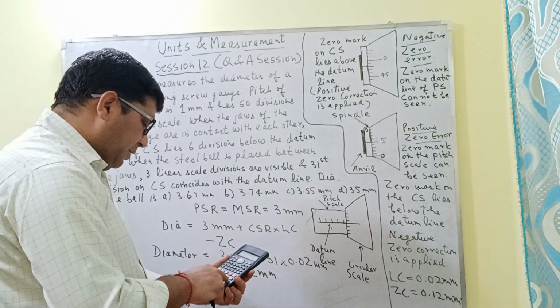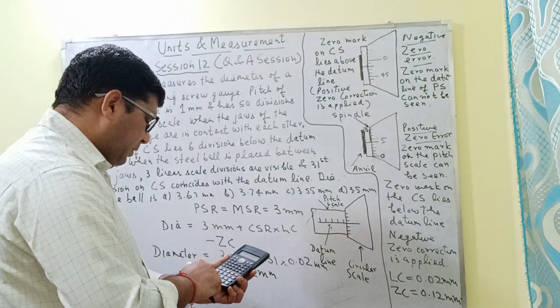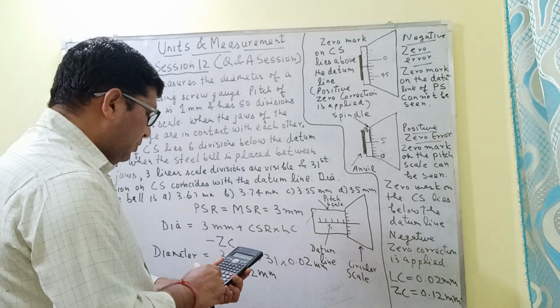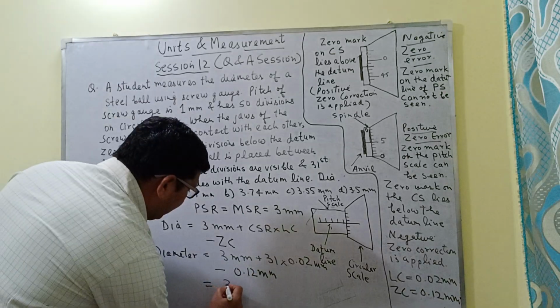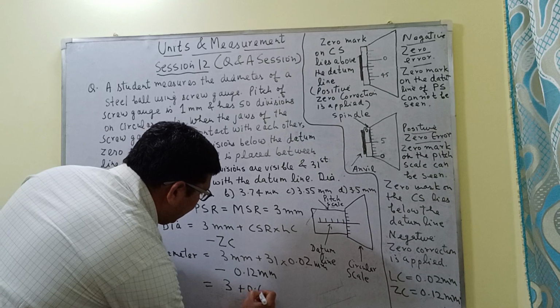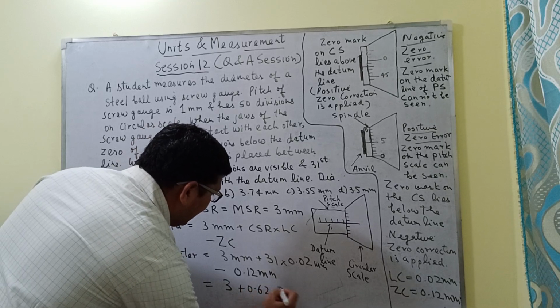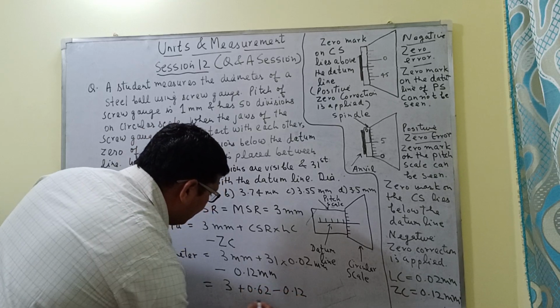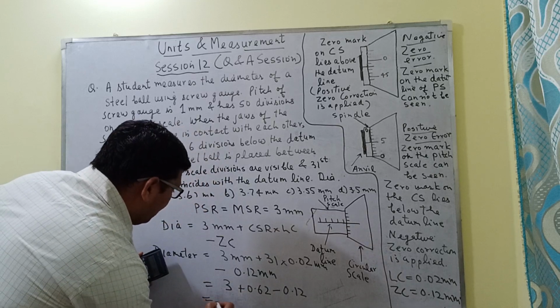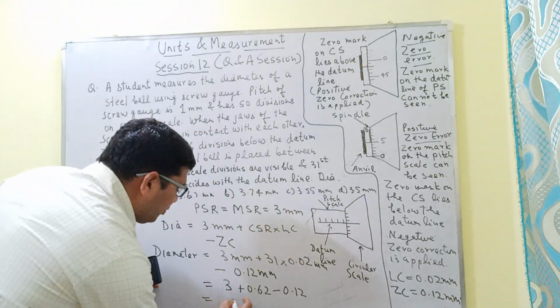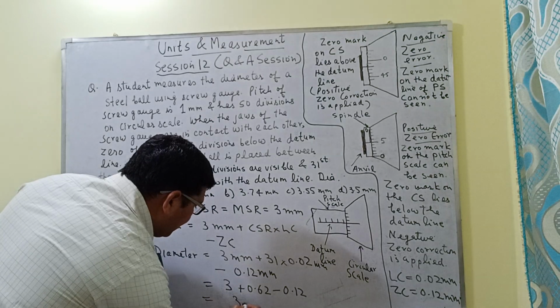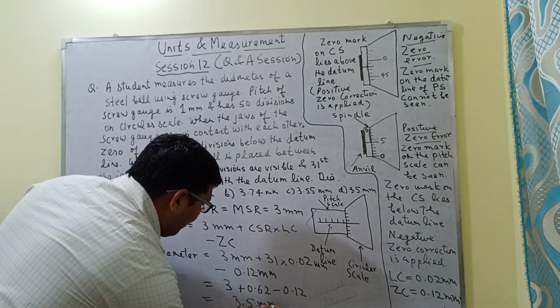So the diameter of the steel ball will be equal to 31 into 0.02, which is 0.62. So this is 3 mm plus 0.62 mm minus 0.12, which is equal to 3.5 mm.